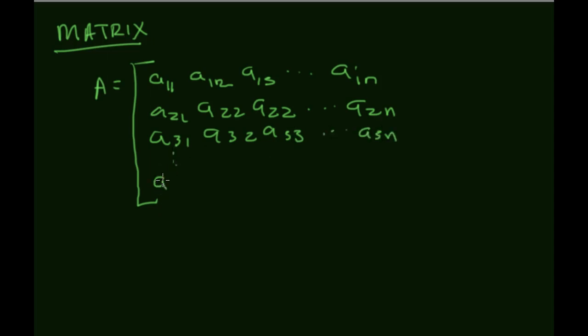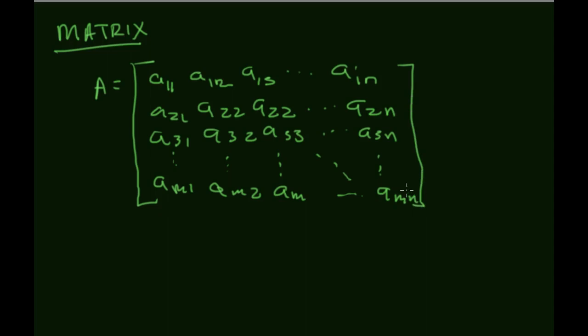And then we go down to AM1, down to AM2, down to AM3, and all of this is going to lead to AMN, right?